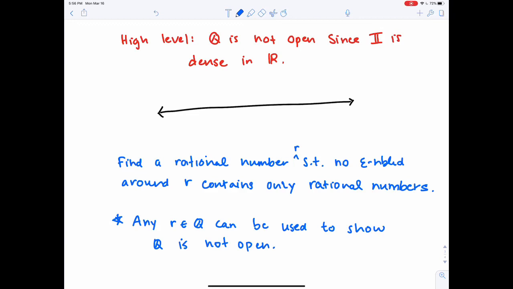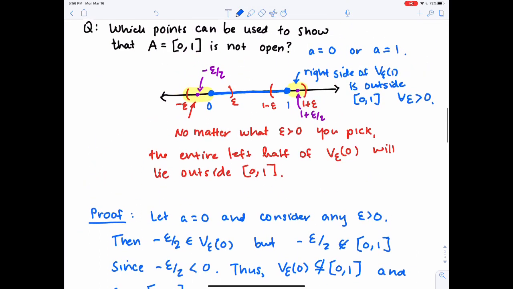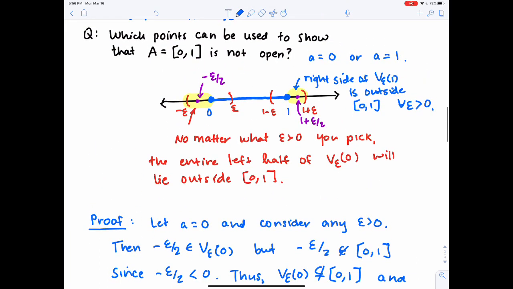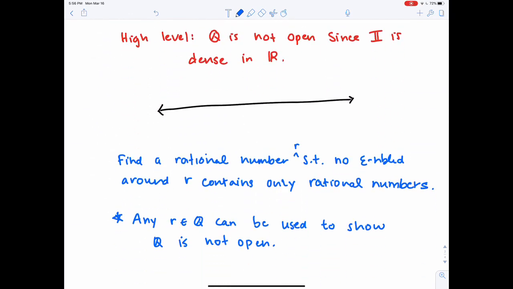If you go back to the previous example, we were only able to use the endpoints, a equals 0 and a equals 1, because those were the only points that were on the edge of our set. But if you think about it, if you were to plot the rational numbers, you'd just be plotting a bunch of points, and every single point would be, in quotes, on the boundary of that set.